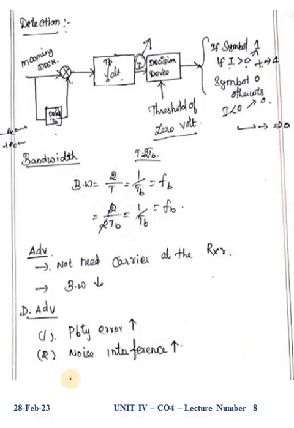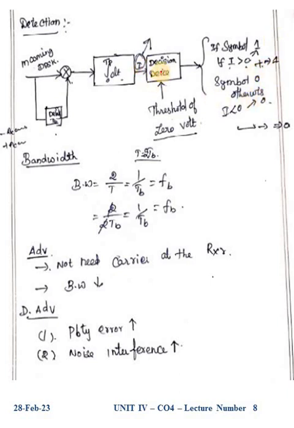Then detection, which we have also already discussed. In the detection, one integrator is introduced, and a delay unit is there. The integrator outcome is verified in the decision device. If the symbol I is greater than 0, then the outcome is considered as 1 for positive values.